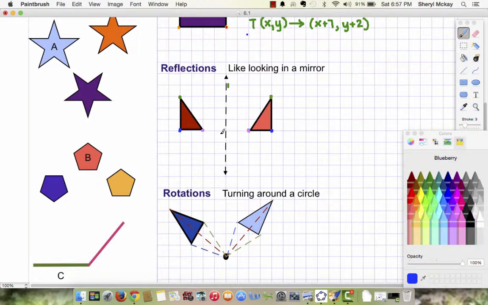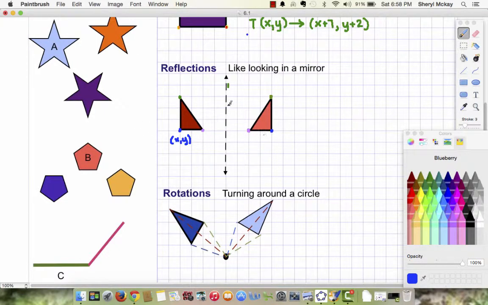Sometimes when we are going to reflect something horizontally, it's going to flip over a vertical line. Then notice that our y's all stay the same. So if this was x, y, right? This one over here is going to still be the same y, but it's going to be a different x.